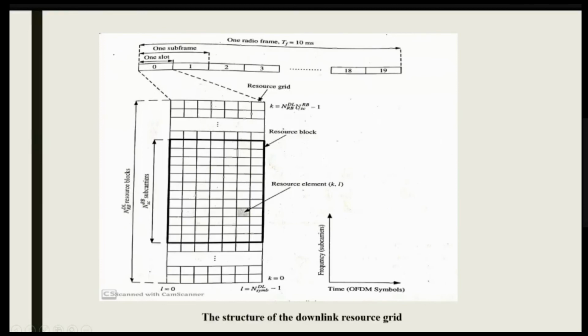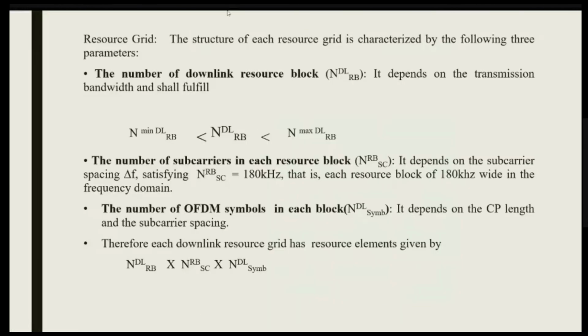So we'll now analyze what these N_DL_RB, N_RB_SC, and so on are. The structure of each resource grid is characterized by 3 parameters. The number of downlink resource blocks purely depends upon the transmission bandwidth, and this should fulfill the following condition: the total number of downlink resource blocks N_DL_RB should be greater than the minimum number of downlink resource blocks and less than the maximum number of downlink resource blocks.